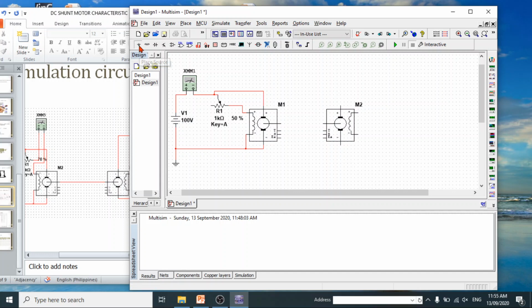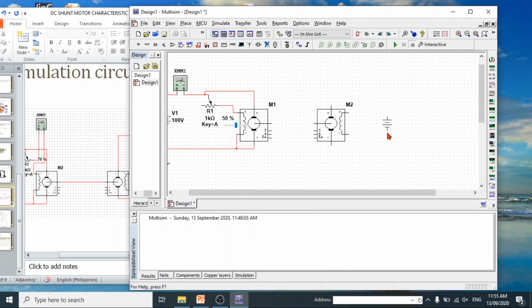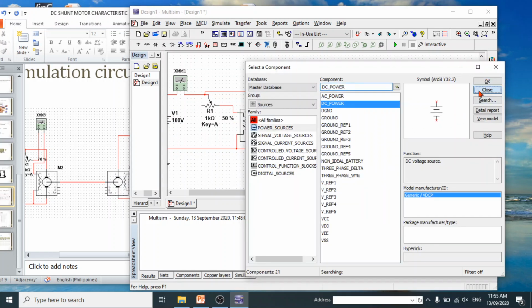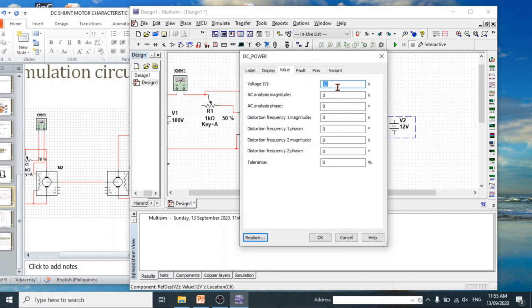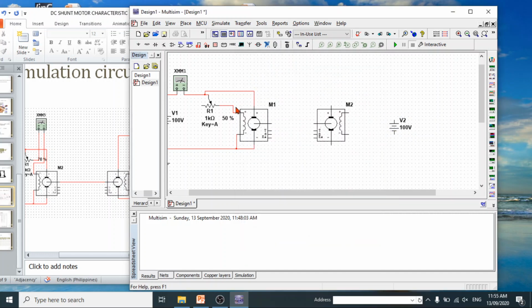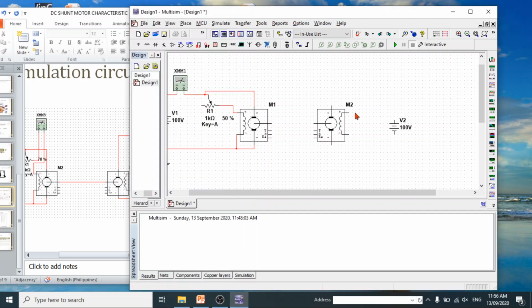Click power sources, DC power, the value of which is 100. And then the field winding must also have a potentiometer to vary the current, which in turn will vary the magnetism.